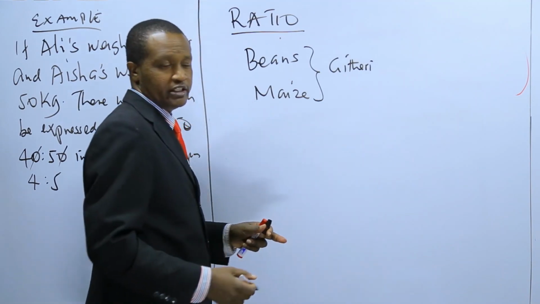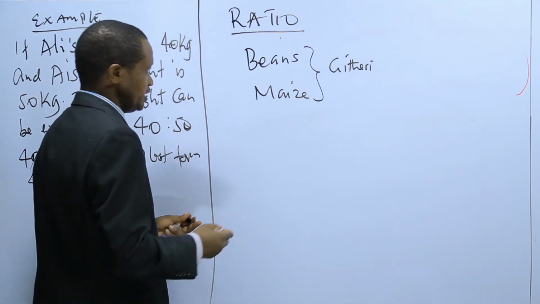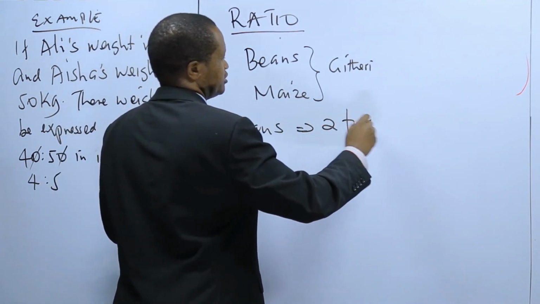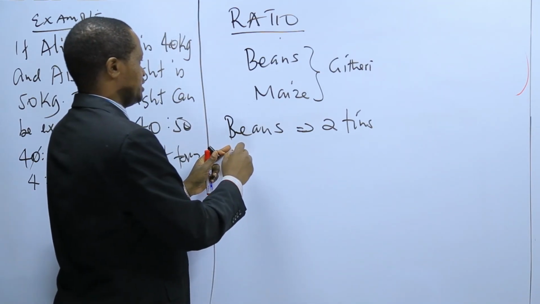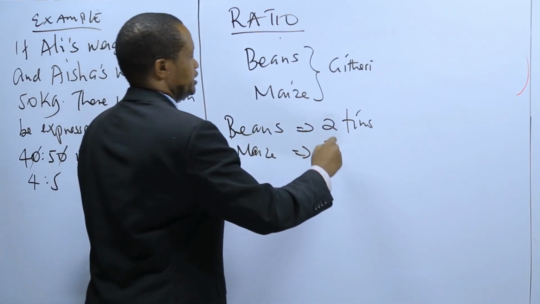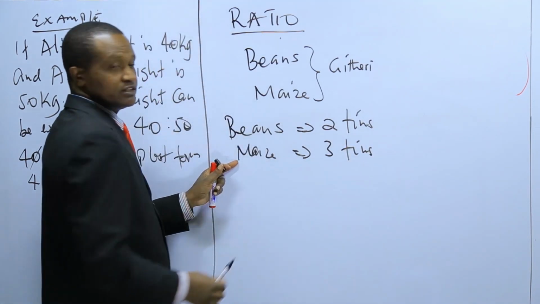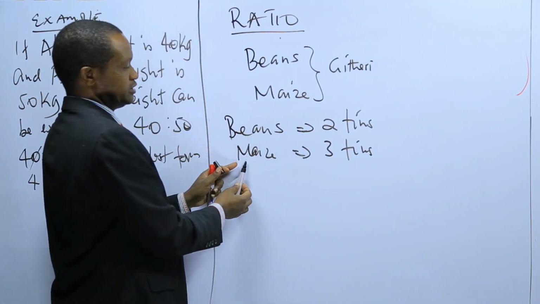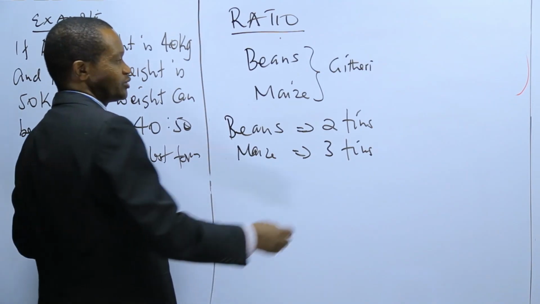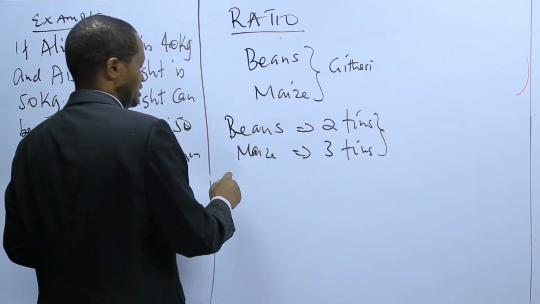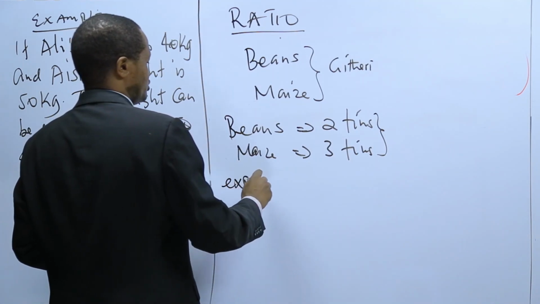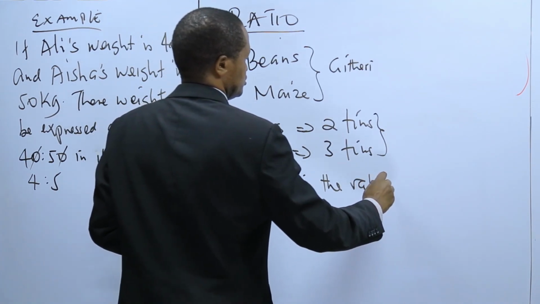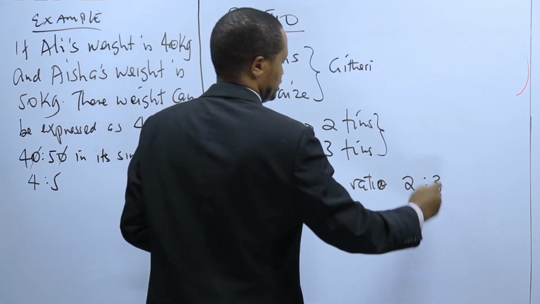If you are to cook githeri comprising, say, 2 tins of beans and 3 tins of maize, then these quantities can be expressed in the ratio 2 to 3.